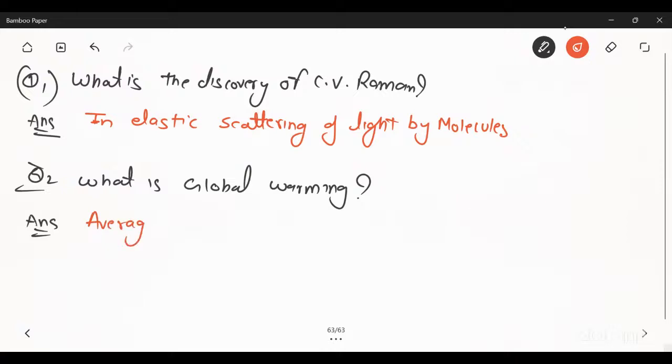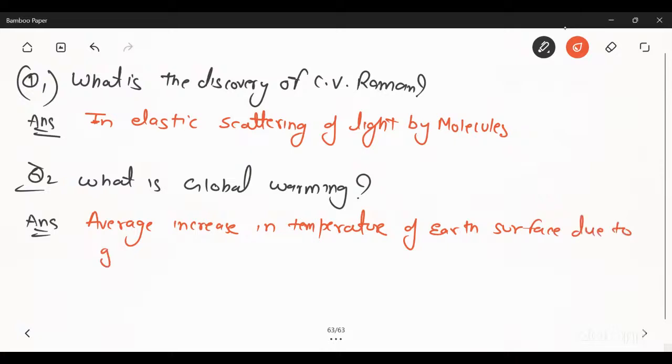The average increase in temperature of the Earth's surface due to the greenhouse gas effect is called global warming.